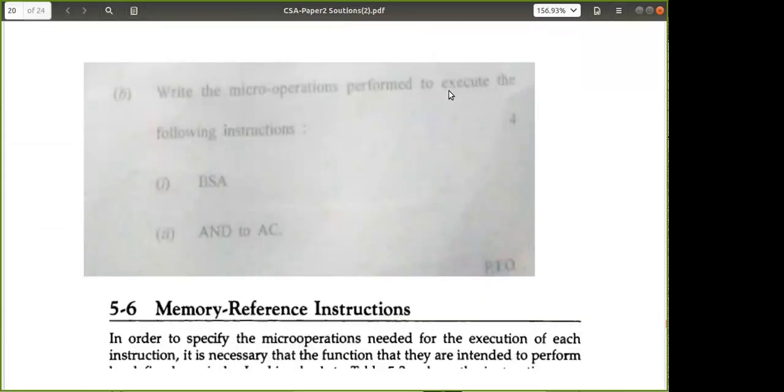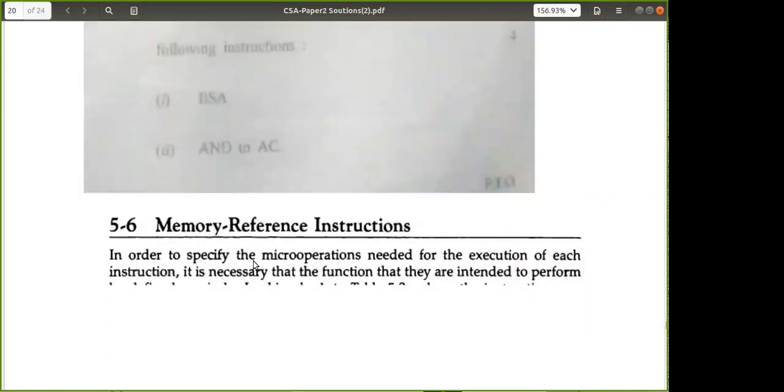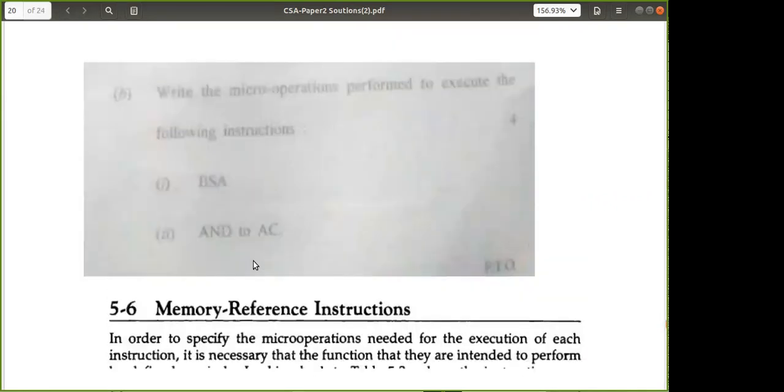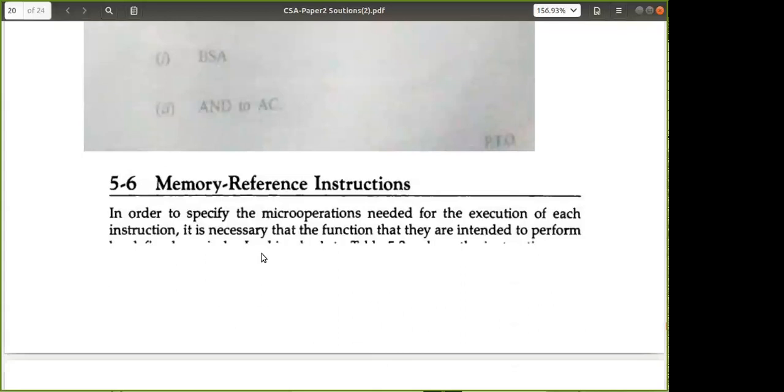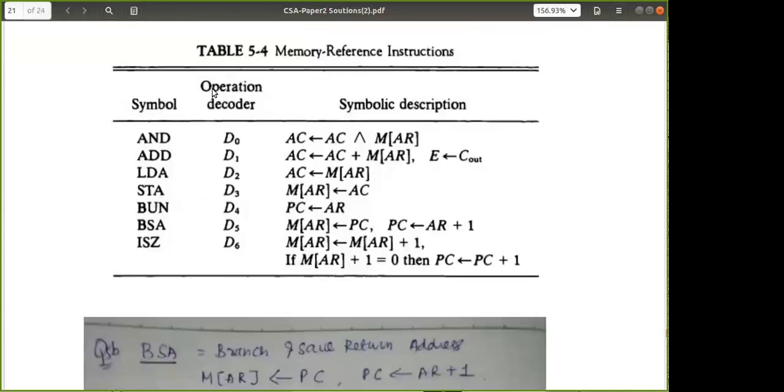Write the micro operations performed to execute the following instruction: BSA and add to AC. That part is covered in section 5.6 in the Morris Mano book. These are the operations that could be asked in your exam.